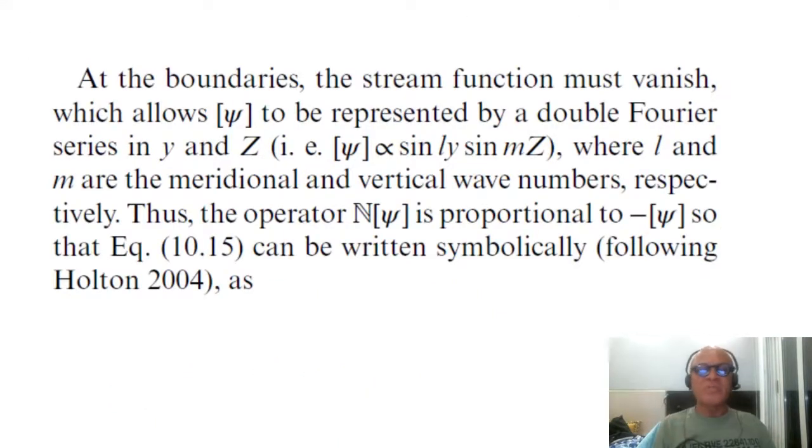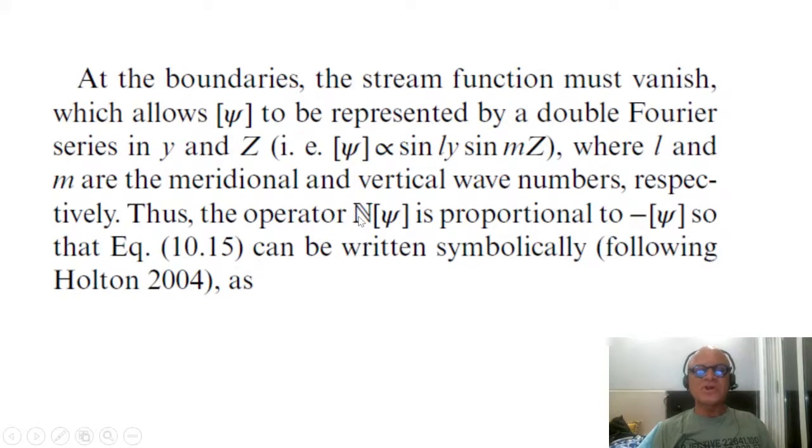You need appropriate boundary conditions, so you can set the stream function to vanish, which allows psi to be represented by a double Fourier series in the meridional and vertical plane. So in that case, the zonal mean meridional transport stream function is proportional to sine(ly) times sine(mz), where we are back to our l and m being the meridional and vertical wave numbers respectively.